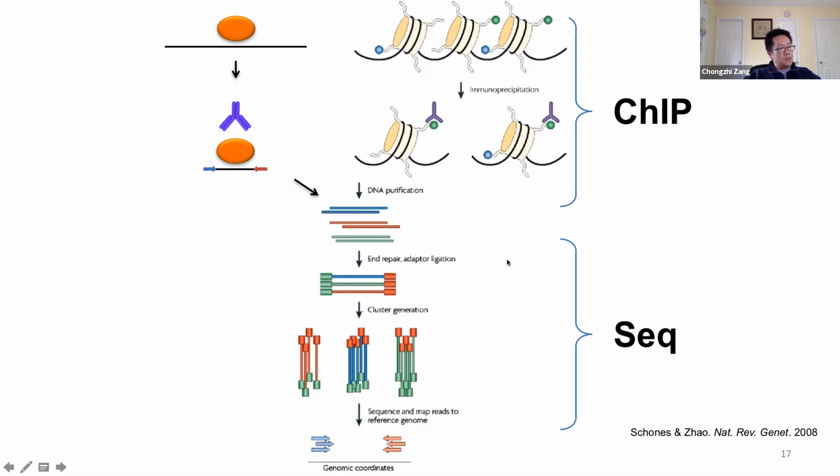So one thing I wanted to mention here is that, although in the initial step, after pull down and DNA purification, the DNA fragments we obtained can vary in length, usually high throughput sequencing experiments cannot guarantee to get the whole sequence of the entire DNA fragments that we obtained here.